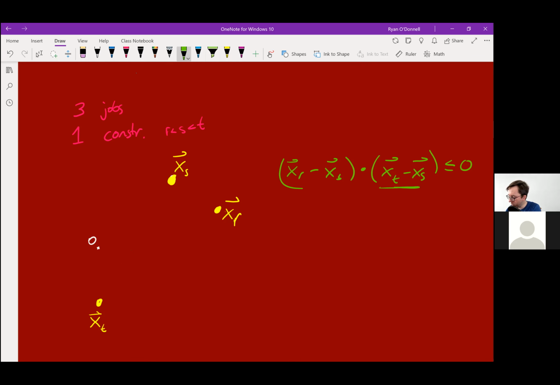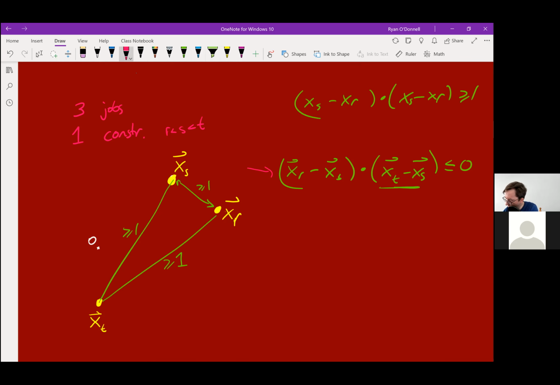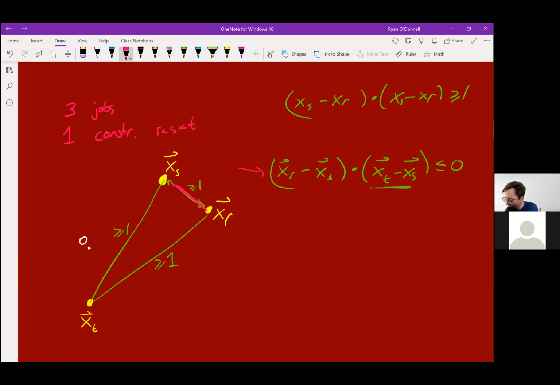And the things we knew, that xs minus xr dot xs minus xr is at least 1, said that this distance is bigger than 1, this distance is bigger than 1, this distance is bigger than 1. And this constraint told us that this green thing and this green thing make an oblique angle. Actually, they don't make an oblique angle in this picture. Looks like they make an angle slightly less than 90 degrees.